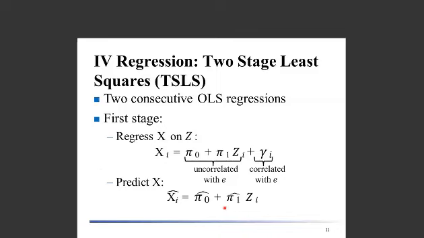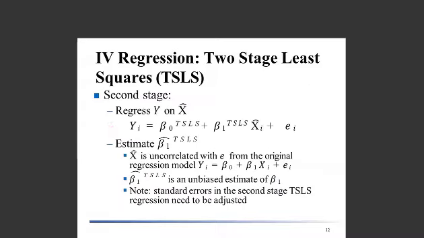And then you would regress Y on this predicted X. This predicted X comes from the correlation of X with Z. You regress Y on X hat, and this gives you the beta 1 two-stage least squares estimator.